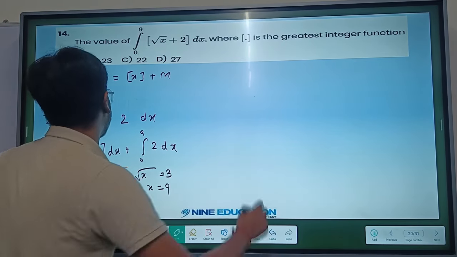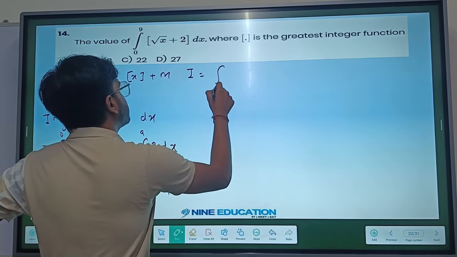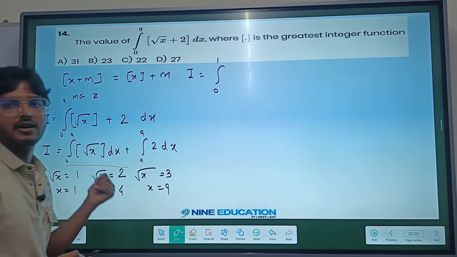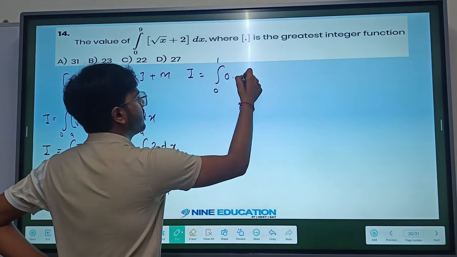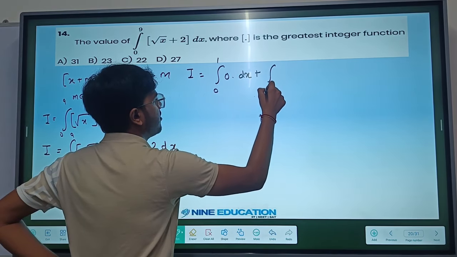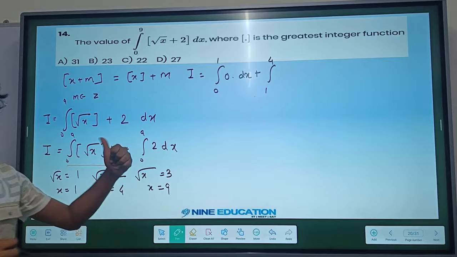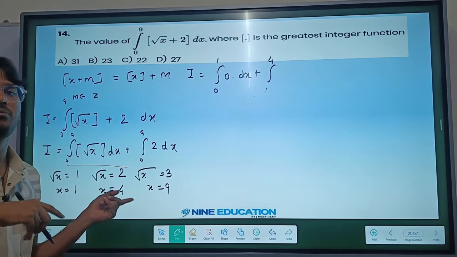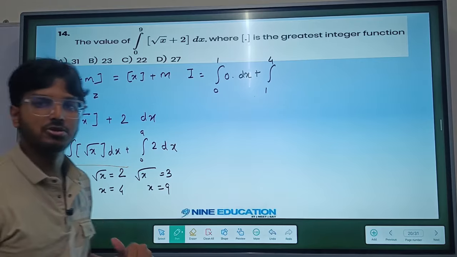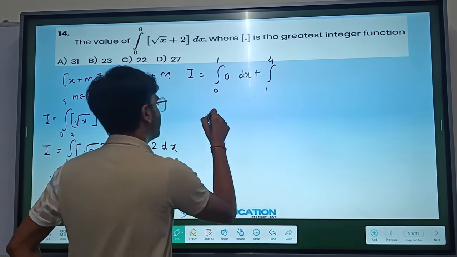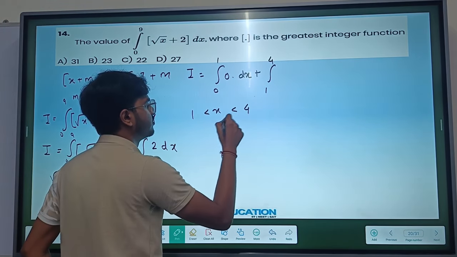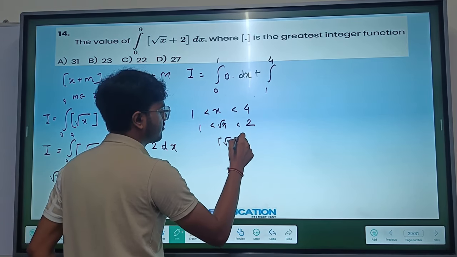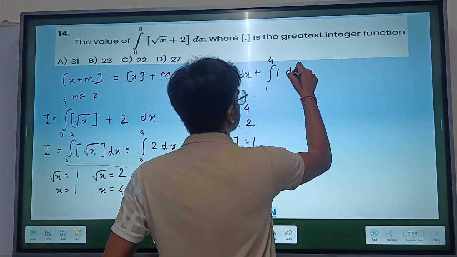1, 4 and 9. So the integral would be 0 to 1, where the greatest integer value will give you 0 only, 0 dx, plus 1 to 4. From 1 to 4, root x would be from 1 to 2, so the greatest integer of root x will give you 1 dx.